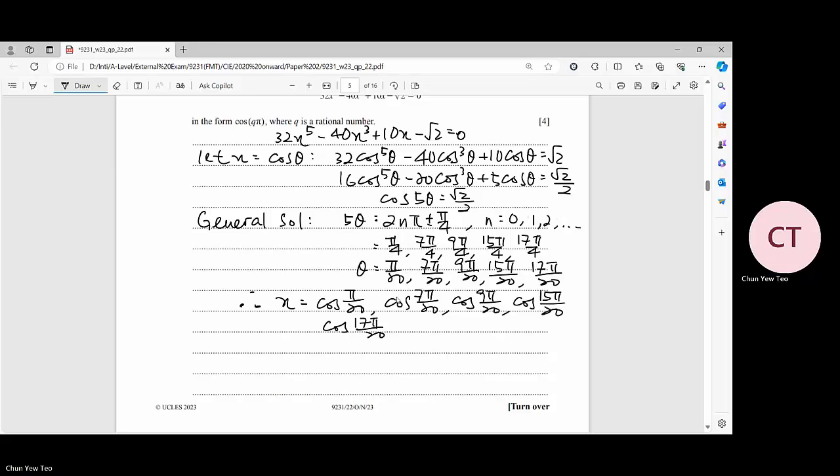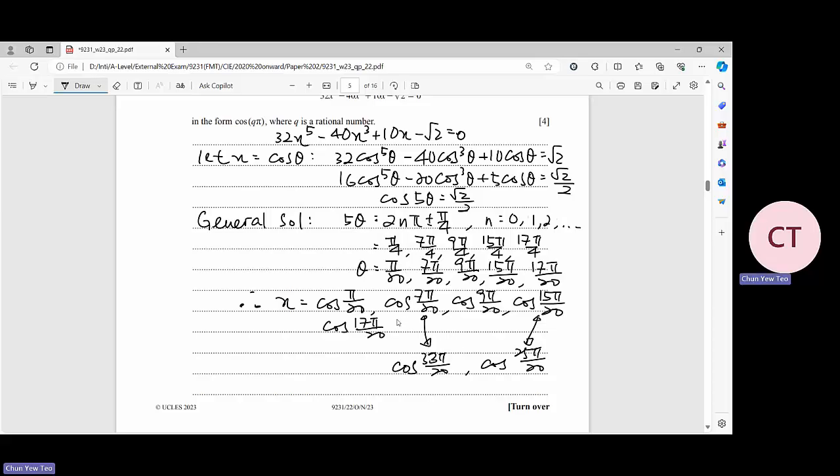However, if you refer to the mark scheme, the mark scheme gives you another one, cos 33 pi over 20, and cos 25 pi over 20. But you can see that these answers are the same.